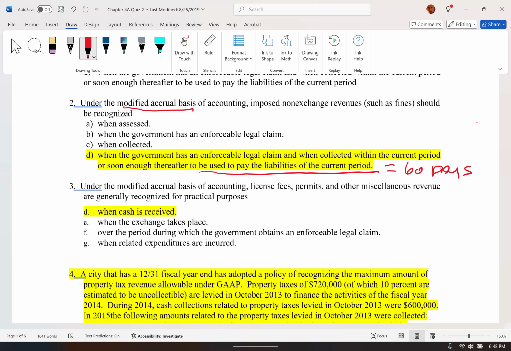Number three, under the modified accrual basis of accounting, license fees, permits, miscellaneous revenues are recognized when cash is received, pretty much, is the way they do it as a practical matter. Once somebody comes in and pays for the license, you can go ahead and take that revenue.